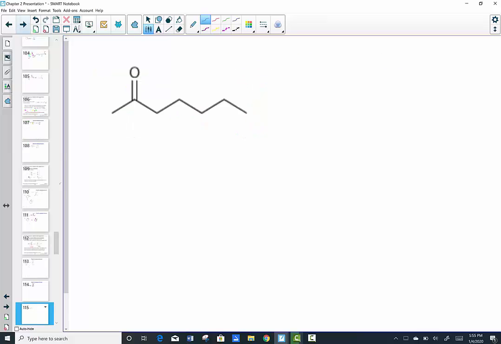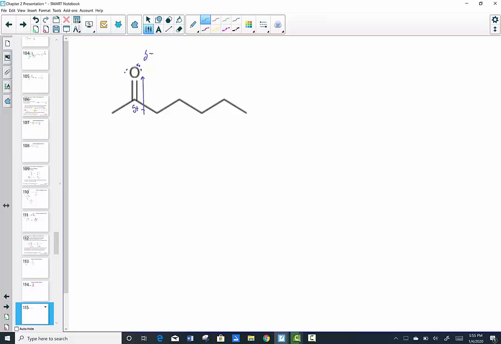How about one more? Doing your homework for you. Notice this oxygen has 2 sets of electrons, making it very electron rich, and the polarity, the bond pulling that group towards it.